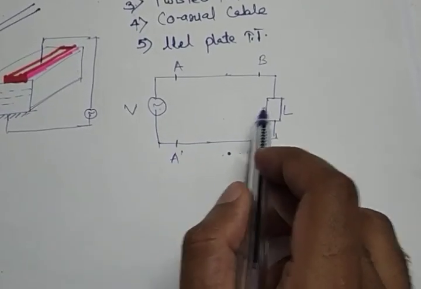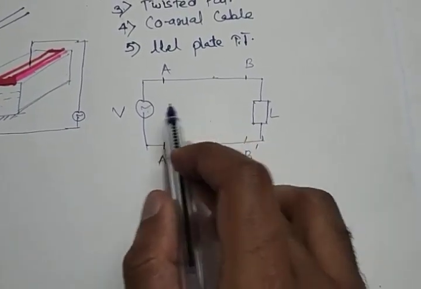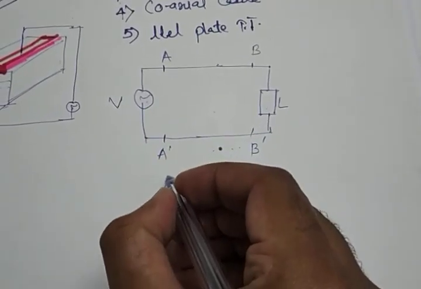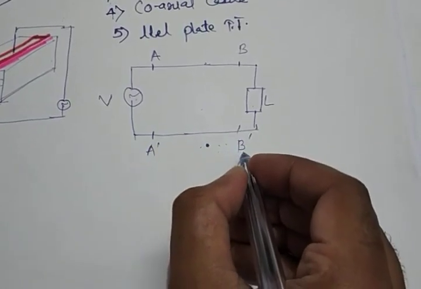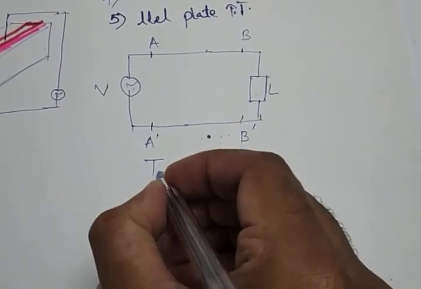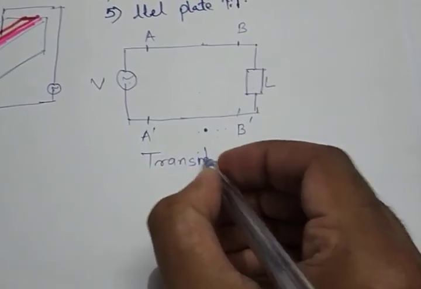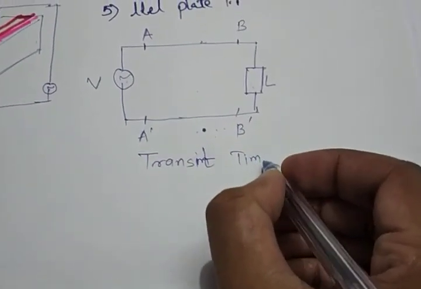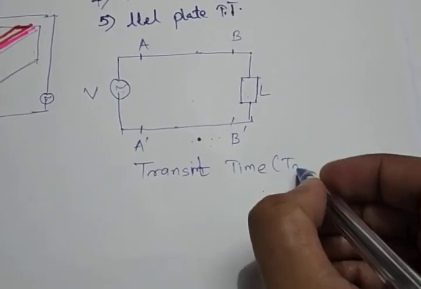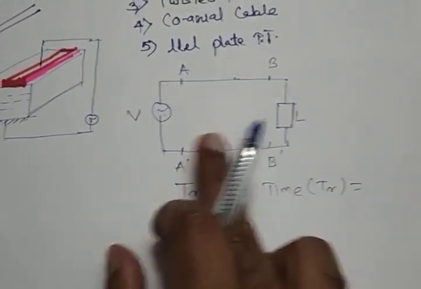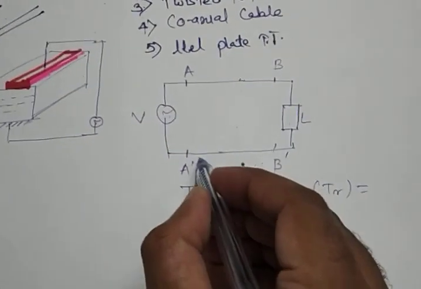This is one difference between normal circuits and transmission lines. The time taken by the signal to reach from point A to B is called the transit time. This transit time is directly related to the length of the transmission line.